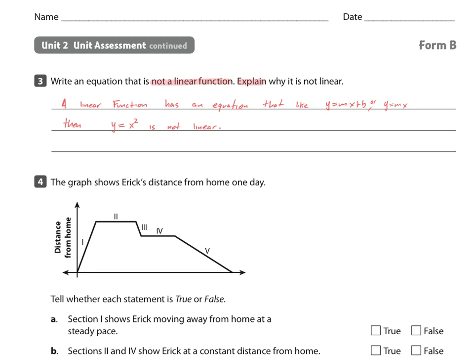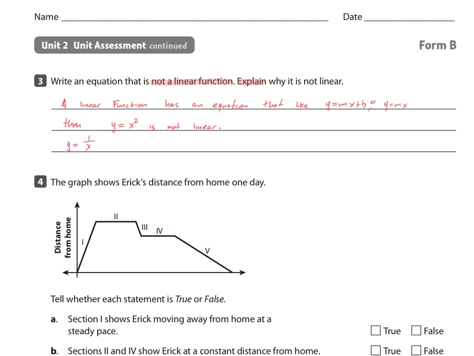This question is worth 2 points. 1 for giving the linear function and 1 for the explanation. Now, if you don't have the explanation, you won't get credit at all. Keep in mind that there's an infinite number of equations that you can write. Another example of that will be y equals 1 over x.